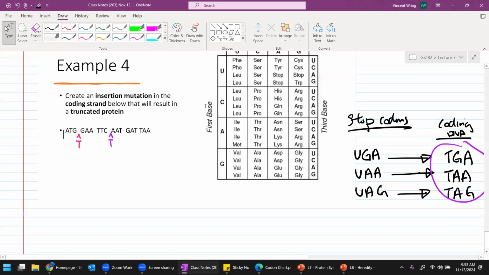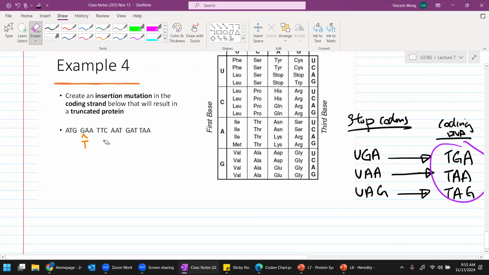I'm going to show you a mistake that people make. Don't erase yours, obviously. Sometimes people do this. They put a T here because they think you will get TAA, one of the stop codons.